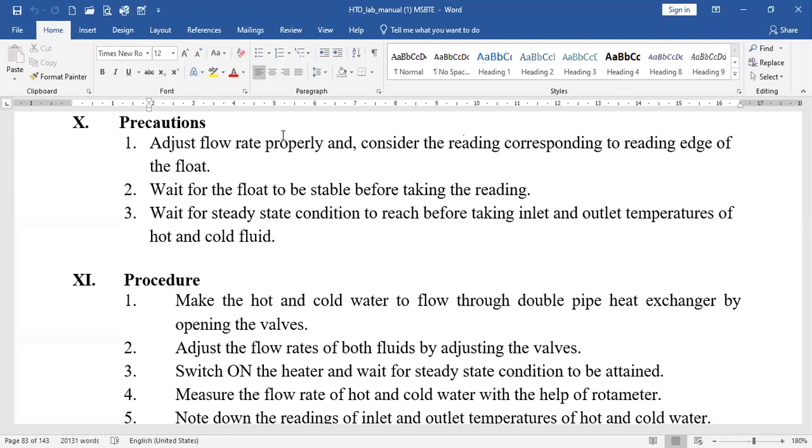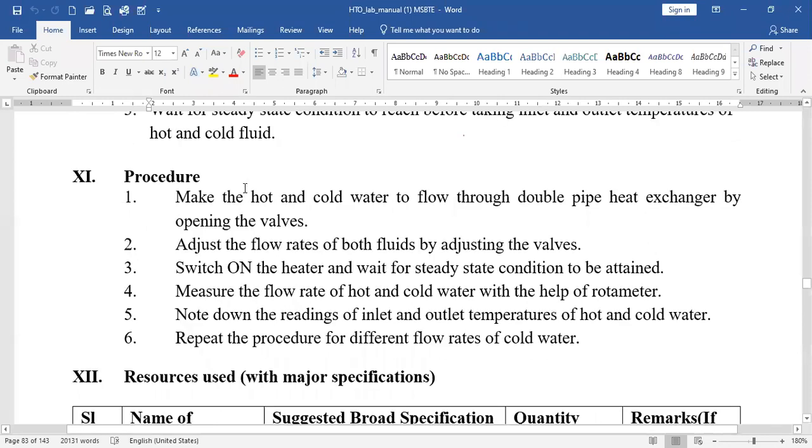So after some time, if the temperature is not going to change, then it is called steady state temperature. For any type of practical in heat transfer operation, we are going to note down the readings only after the steady state temperature conditions, right? For that purpose, it requires at least 1.5 hours to reach steady state conditions.